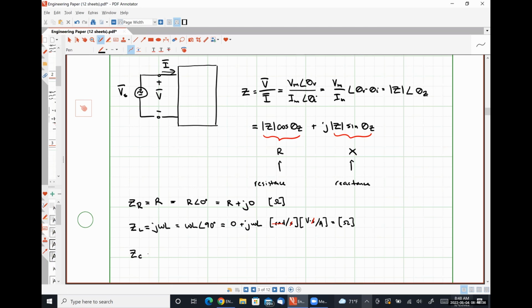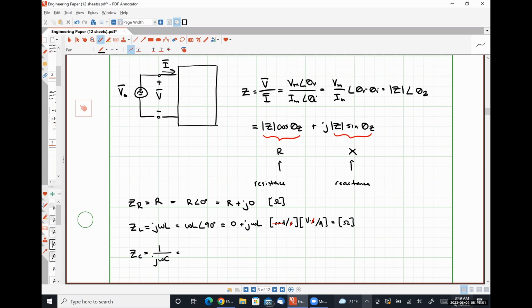Finally, let's look at capacitance. So if we take phasor voltage V divided by phasor current I, what do we get for our capacitor relationship? 1 over J omega C. Right.